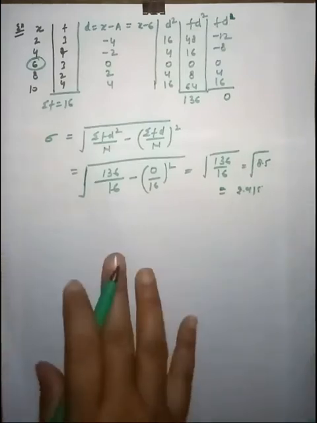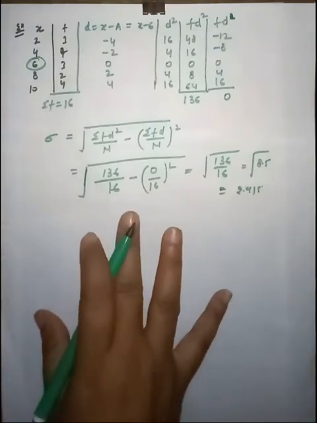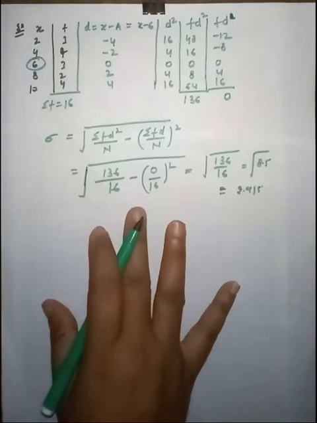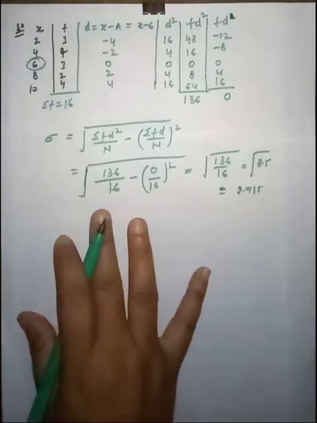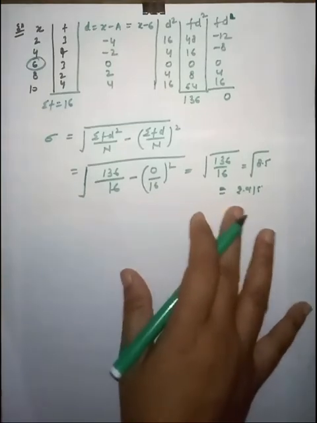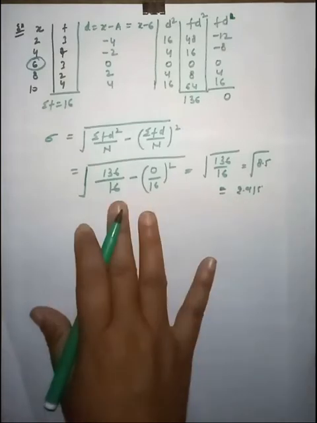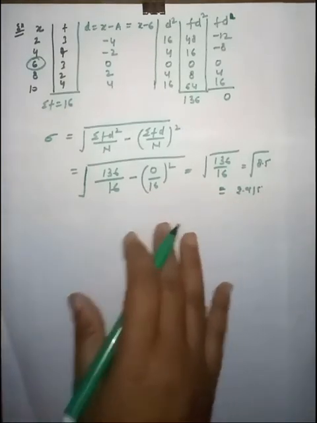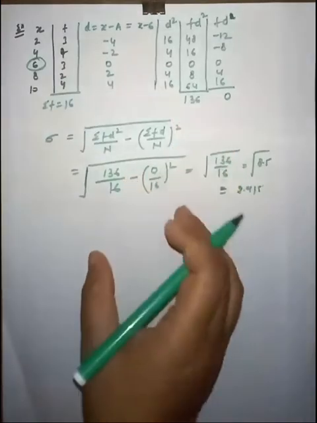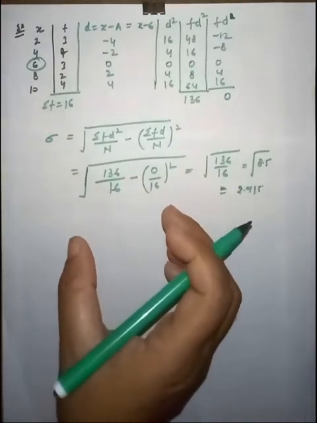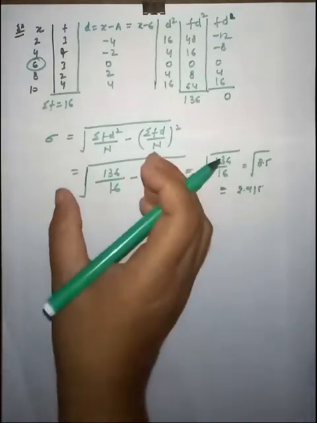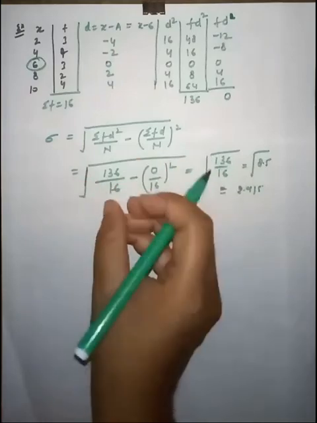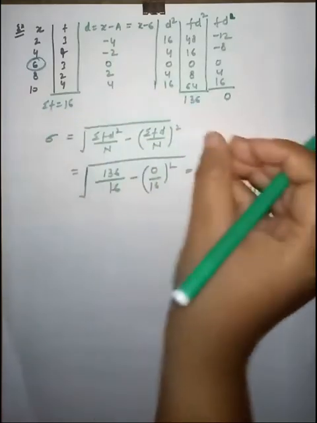So friends, I have taken the example of the discrete series, and this is how to compute the standard deviation, and this is the formula. And how to calculate: make the table, and for what you want in the formula, find all values from the table.